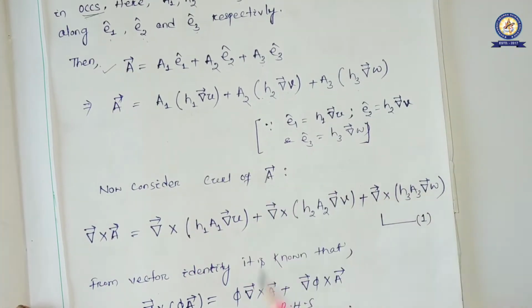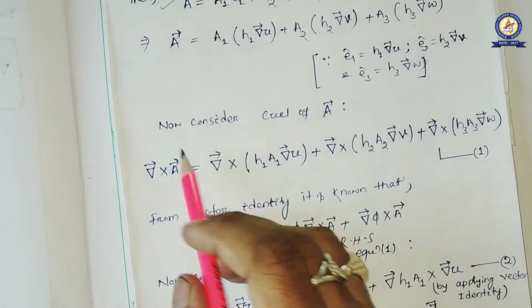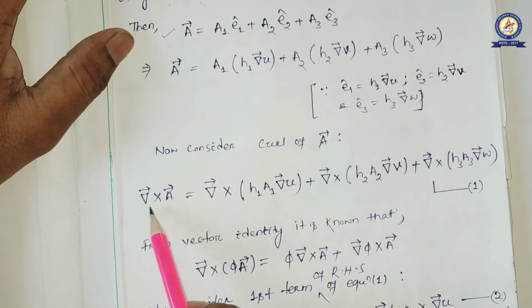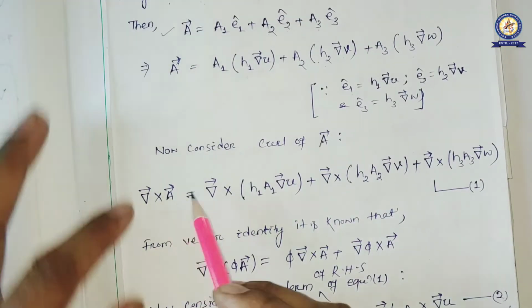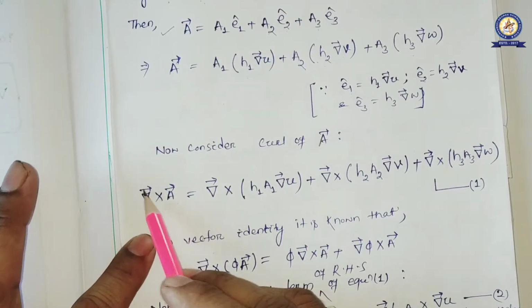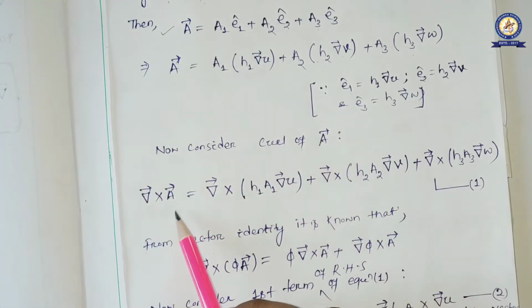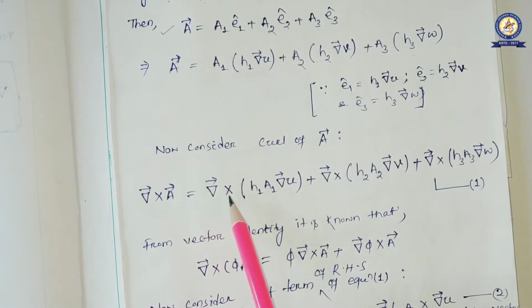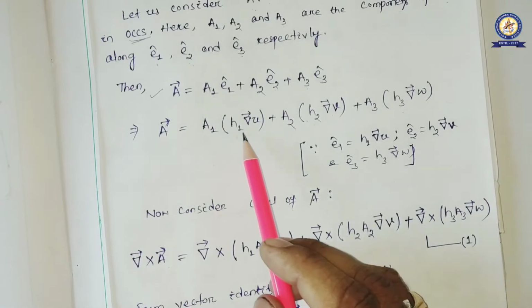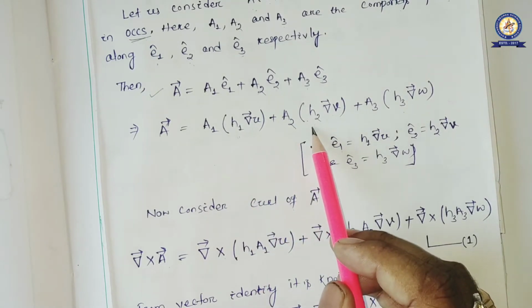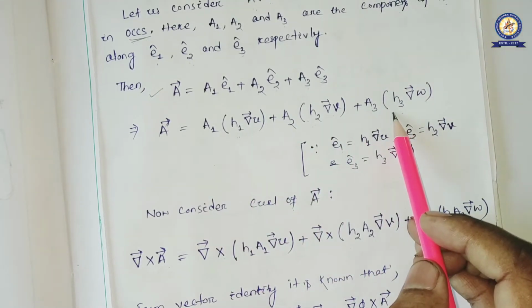Now we have to consider the curl of this vector, that is your del cross A. That means del cross operating on A is called the curl of vector A. So del cross A will be equal to del cross of the first term, plus del cross of the second term, plus del cross of the third term.